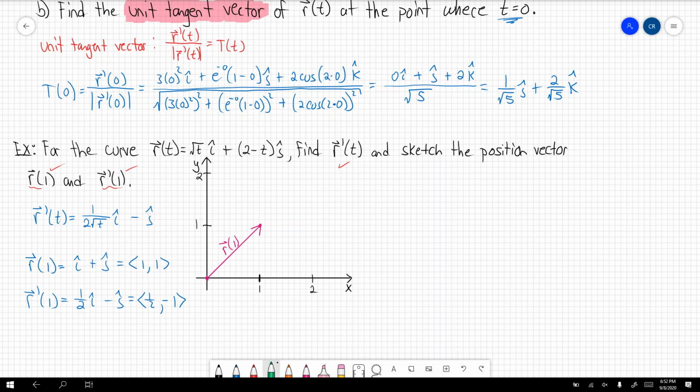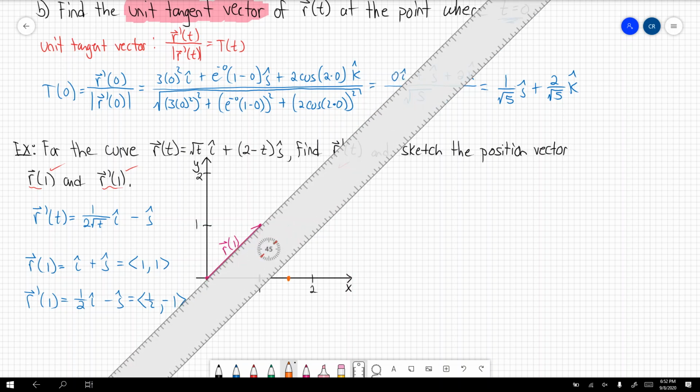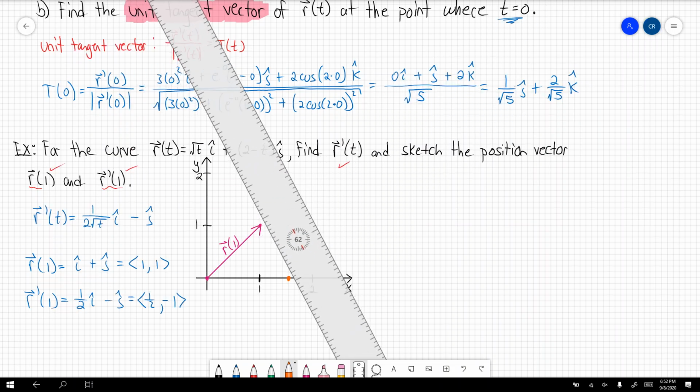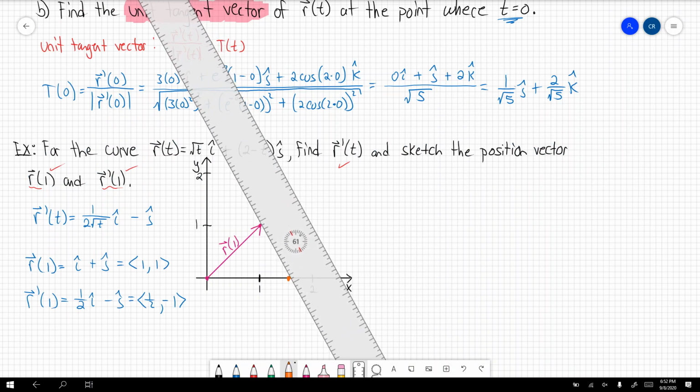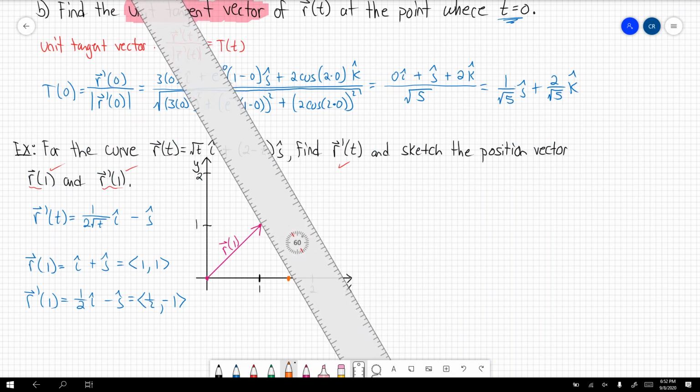So for the tangent vector, I'm going to do this in, let's say, orange here. And starting from where vector r of 1 ended, I'm going to go half in the x component. So from here we go half in the x component, and then we go down by 1 value. There we are. So this vector now goes here.